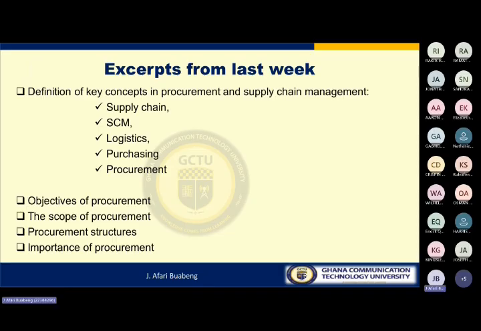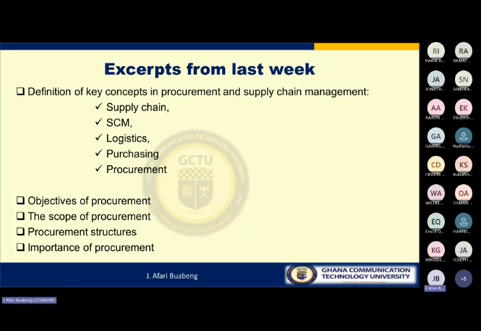And then we also defined purchasing as well as procurement. And then after the definitions of these concepts, we looked at the objectives of procurement and said that primarily there are two major objectives. We have the primary objectives and then the secondary objectives. But there are some specific objectives.